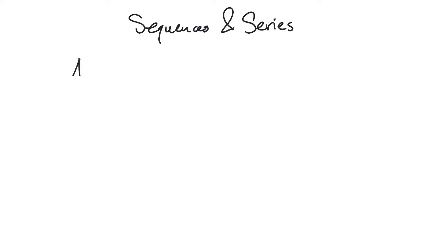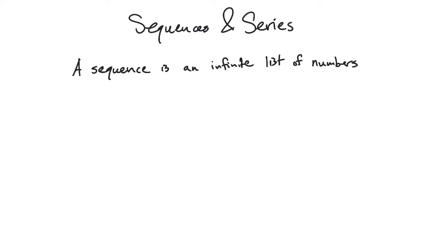So a sequence means just a list of numbers that goes on forever. So it's an infinite list of numbers, real numbers in this class. Something like a1, a2, a3, etc. That's what I mean by sequence.